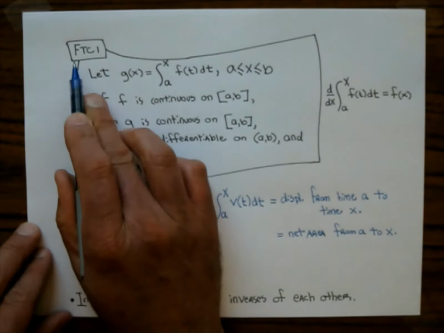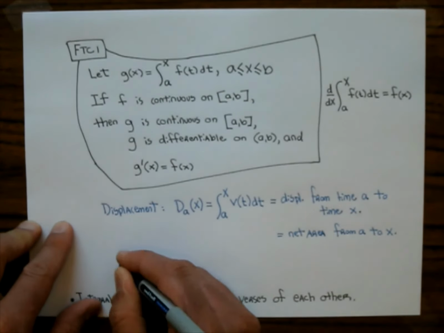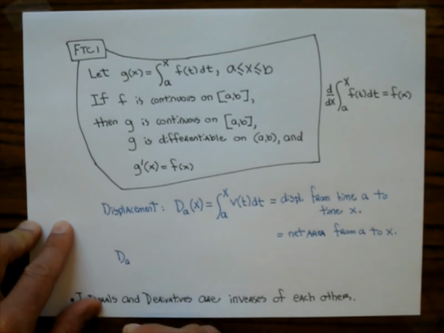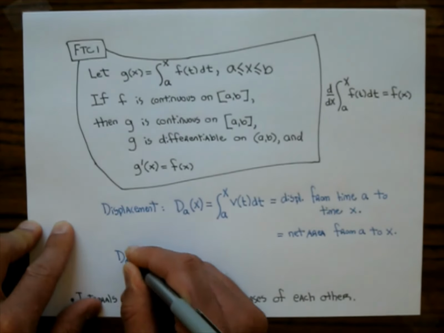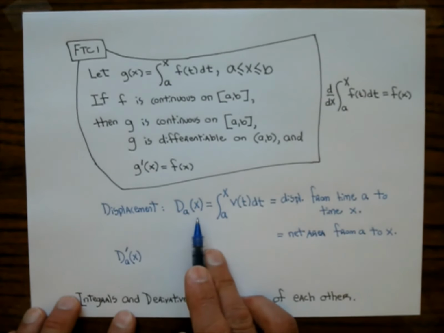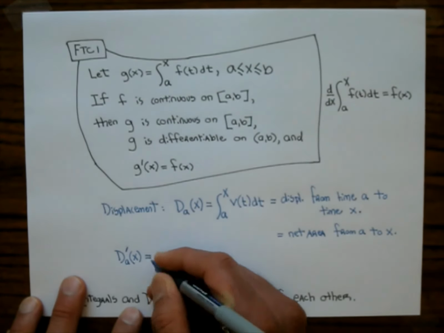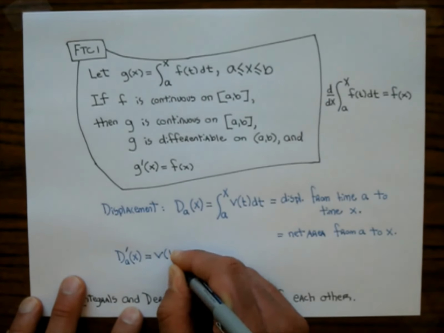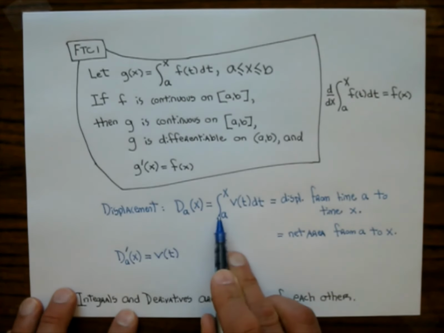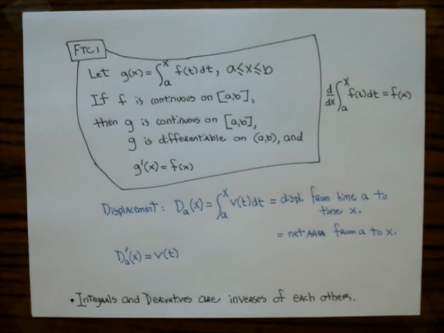So basically what the fundamental theorem of calculus 1 says is if you've got this displacement function and you take its derivative with respect to x, then what that does is it gives you the velocity function. Okay, so here's the antiderivative gun, and you put the derivative gun in front of it, and boom. It's just like what I said up here. And so that's what it is.